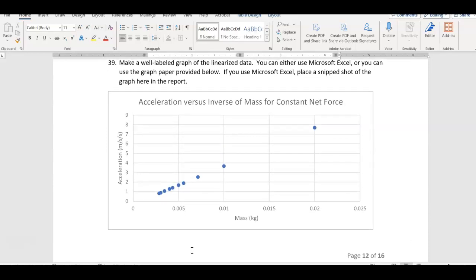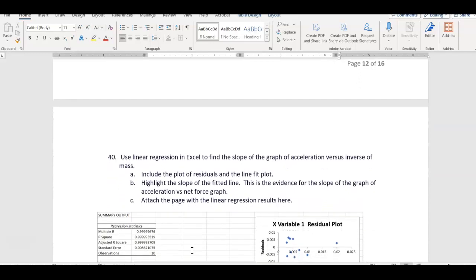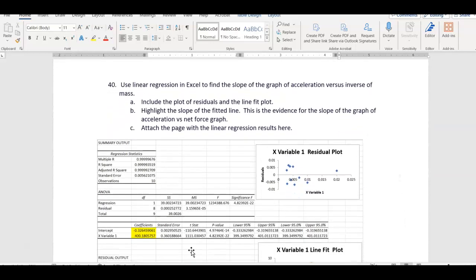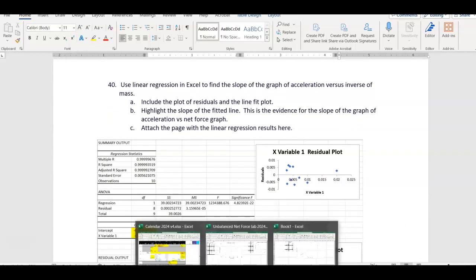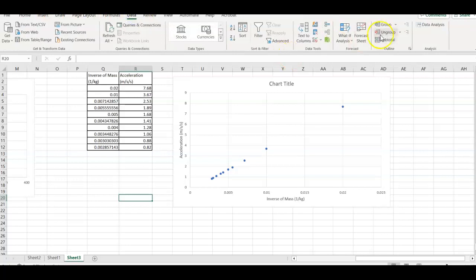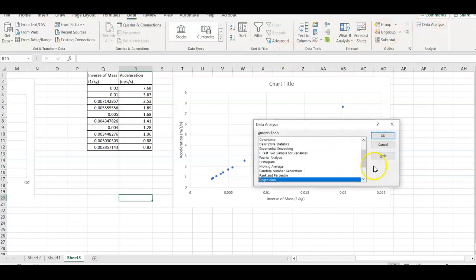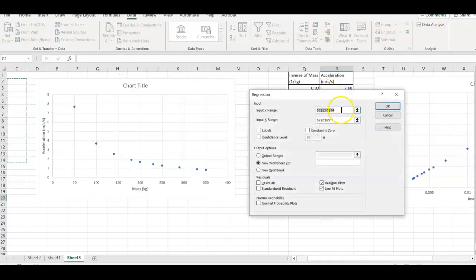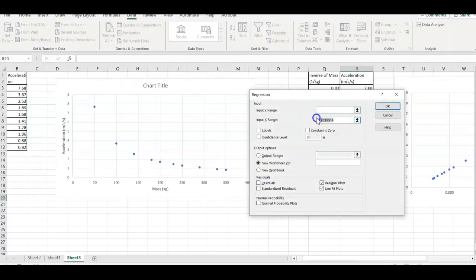Okay, and so now we have a linear graph, and so we would like to write the equation of this so that we will have a mathematical model that represents the data from our experiment. And so I need to run linear regression in Excel in order to get that slope. And so I'll go to, let's see, data analysis, and I'm going to run regression. Let's see. It has the old data from the first experiment, so let me just take that out.